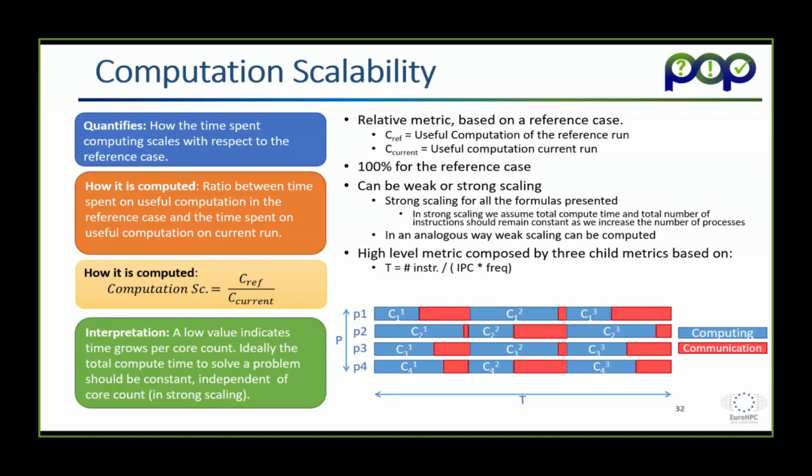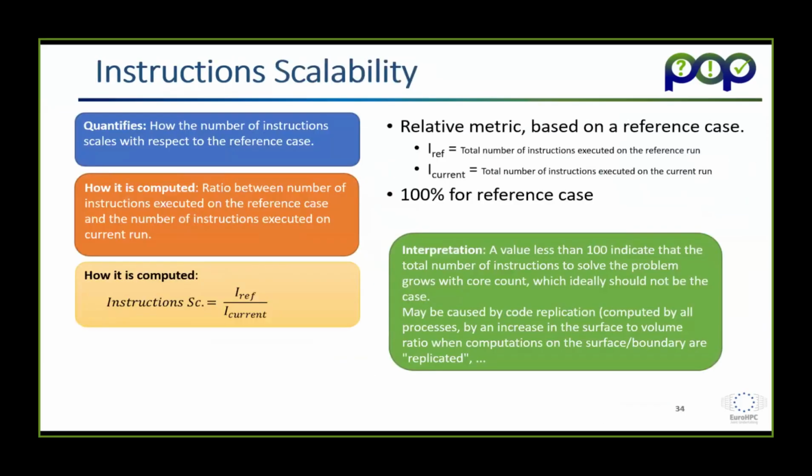run. So as I said, we take into account the three main components: the number of instructions, the IPC, and the frequency. So the instruction scalability is how the number of instructions changes with reference to the base case.